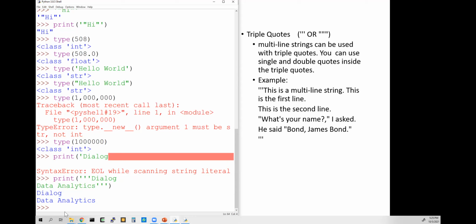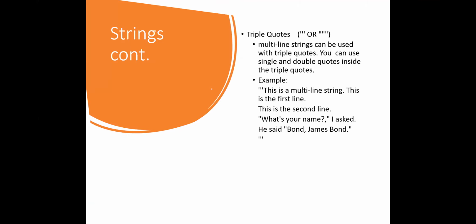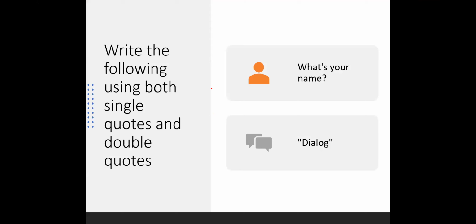Okay. Now, can you give me answers for this in the chat? You can copy paste your code in the chat. So here is the example. I want you to come up with 2. By the way, let me change this. What's your name should be in a single line, not in 2 lines, so you might get confused.